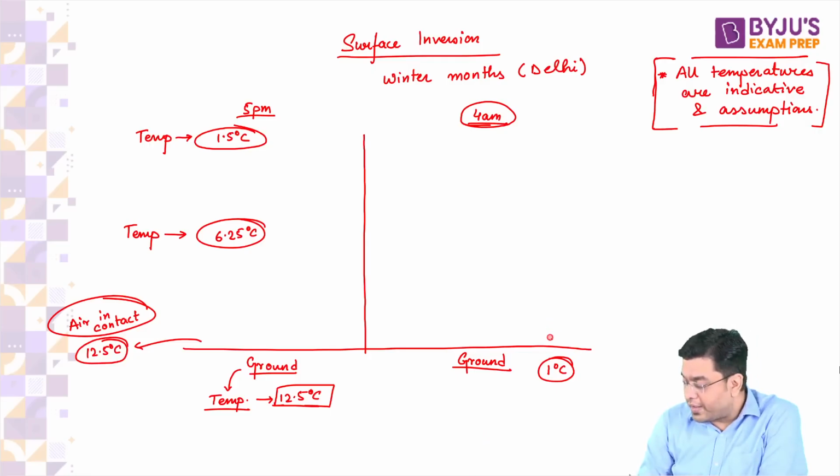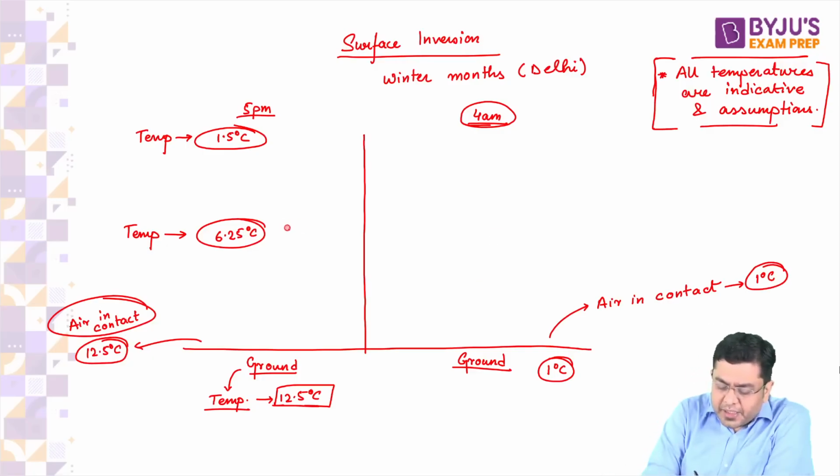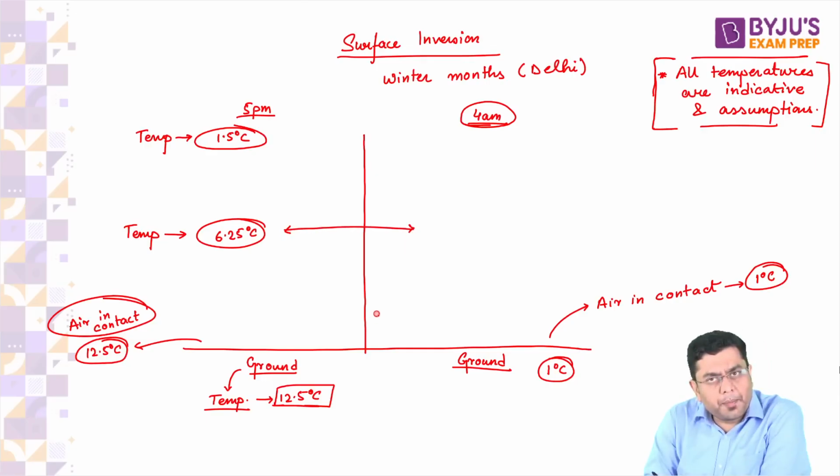So the air in contact will be how much? 1 degree Celsius. Perfect. As you move higher up, the temperature will reduce, but will not reduce at the same rate. Here, the temperature will reduce in comparison to the earlier proportion. Let's assume the temperature from 6.25 degrees Celsius has reduced to 3 degrees Celsius.